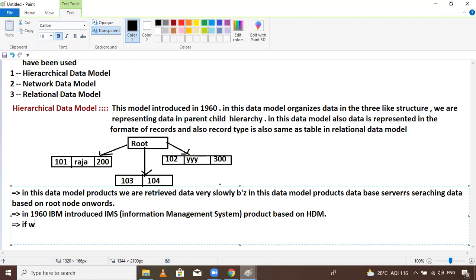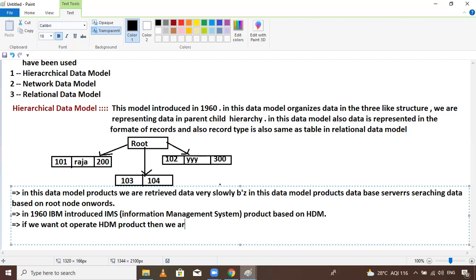If you want to operate a hierarchical data model, then use a hierarchical data model product.